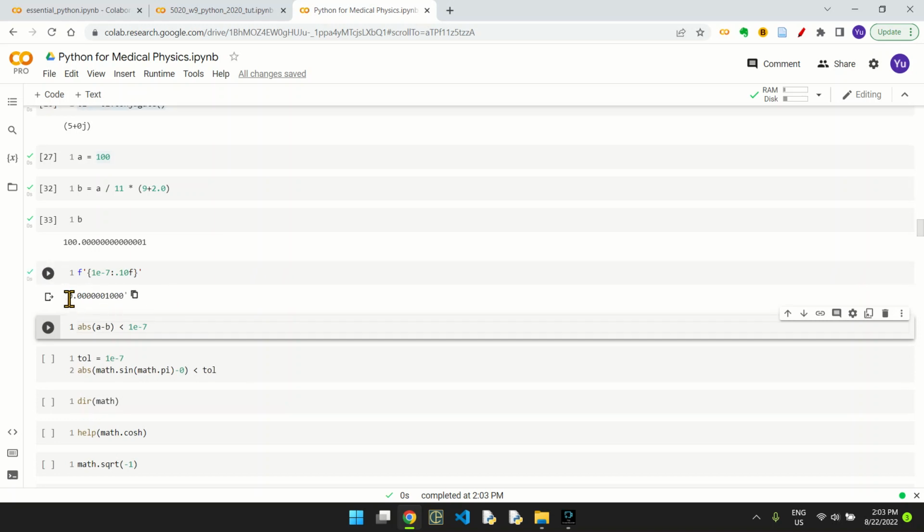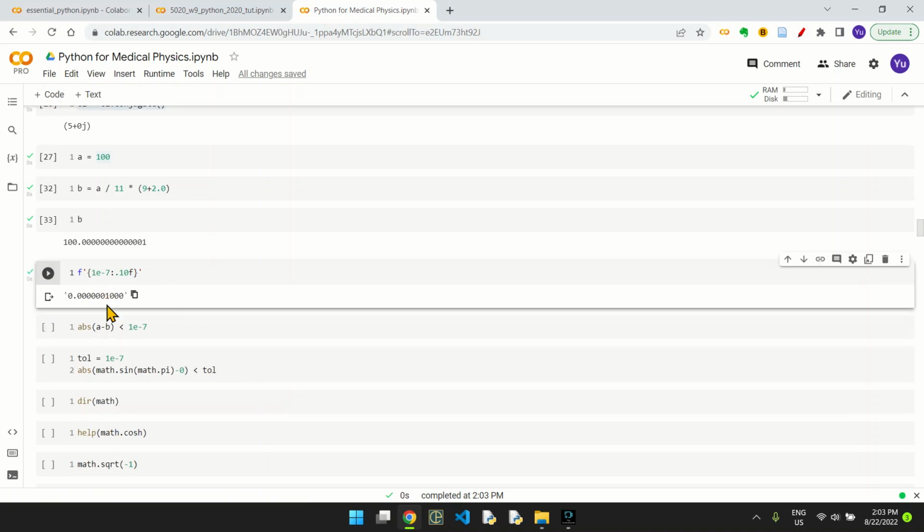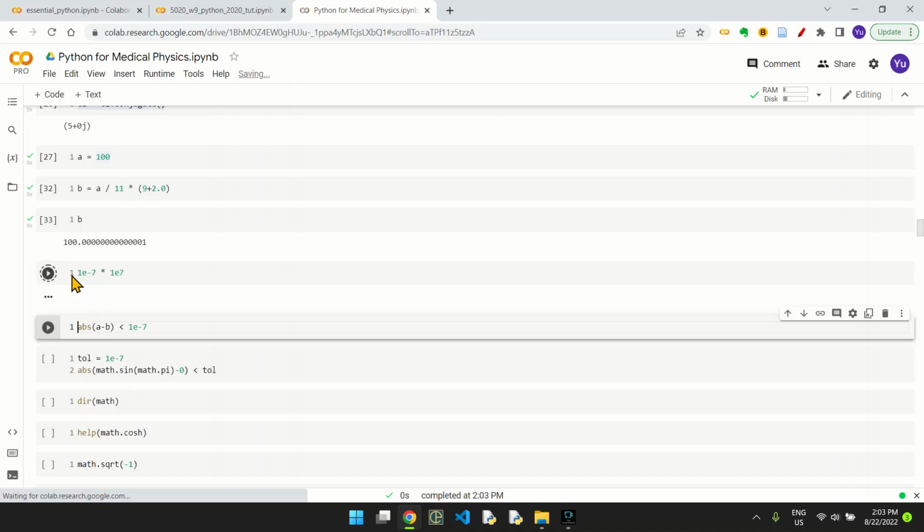Yeah, it's basically this value. It's like 1 times 10 to the power minus 7. So if we have 1e-7 times 1e7, that should be 1.